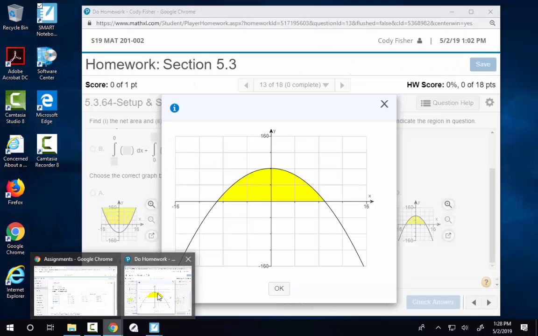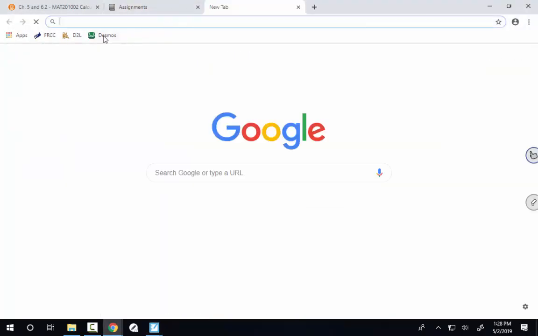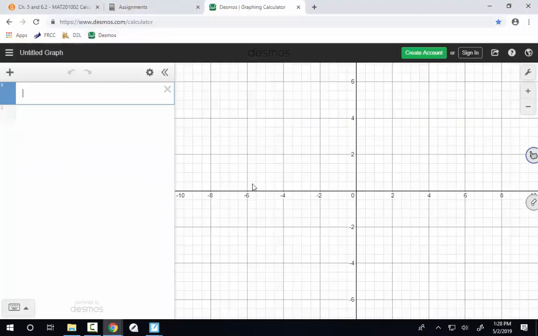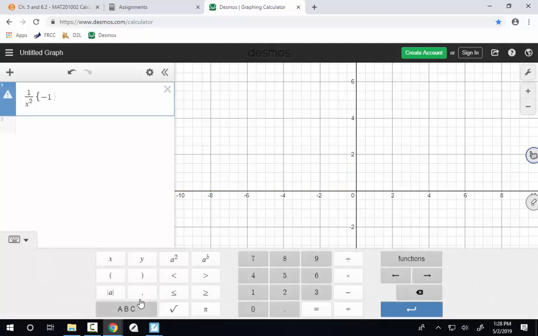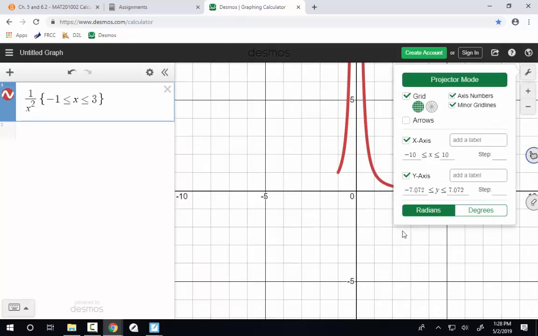If not, we can certainly look at the function. And if I go from -1 to 3, what's wrong with our computation?